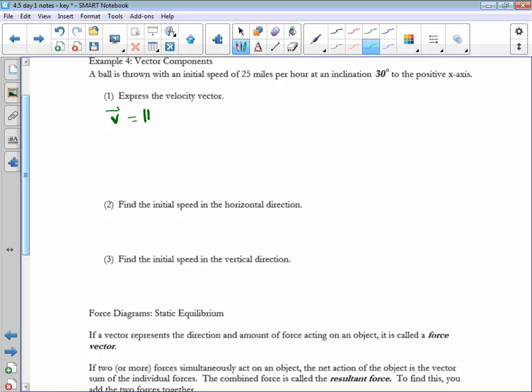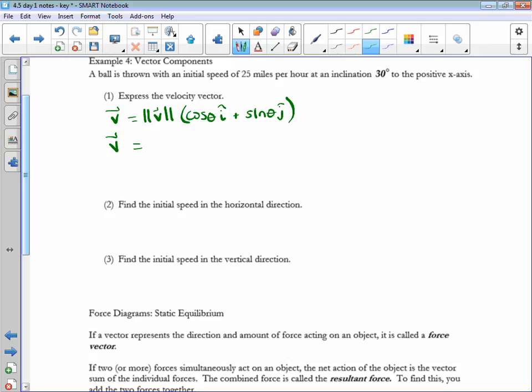this is the formula I was talking about. You can write it again if you want to. It's up to you. All right. This is actually pretty simple. What do you think the magnitude is that we're given? 25.